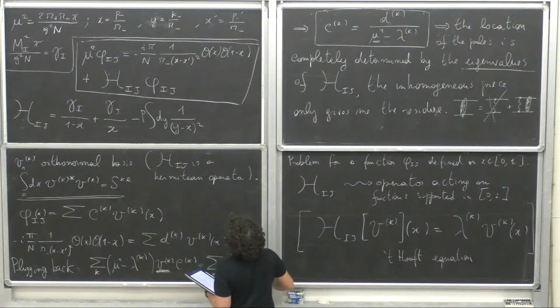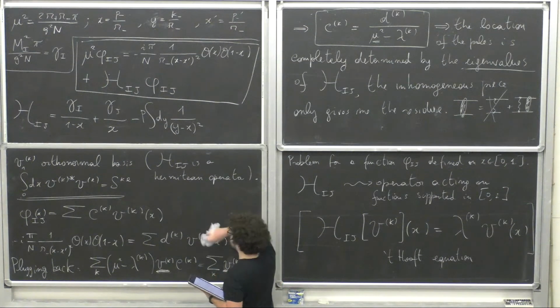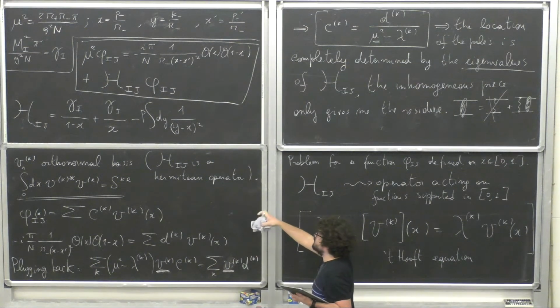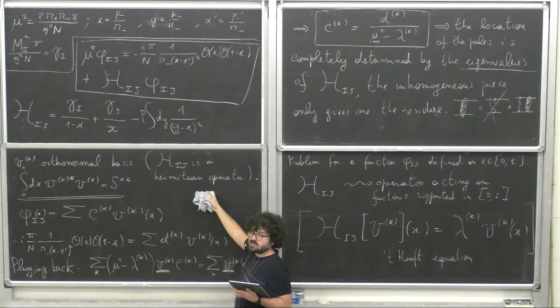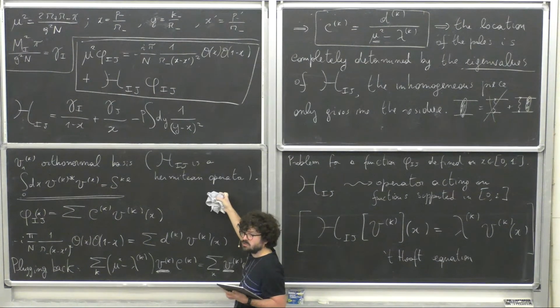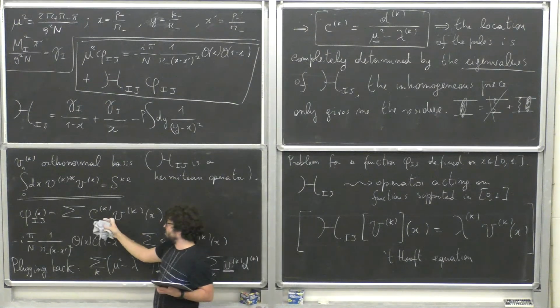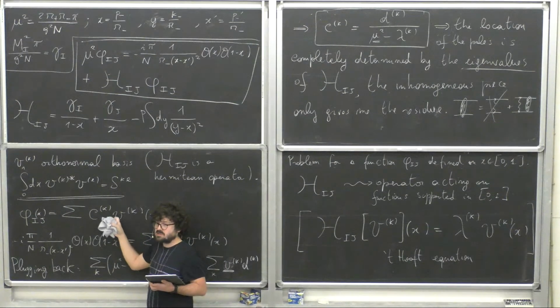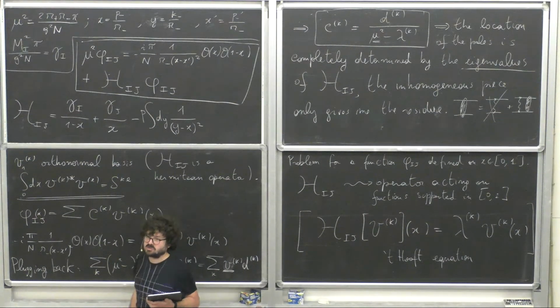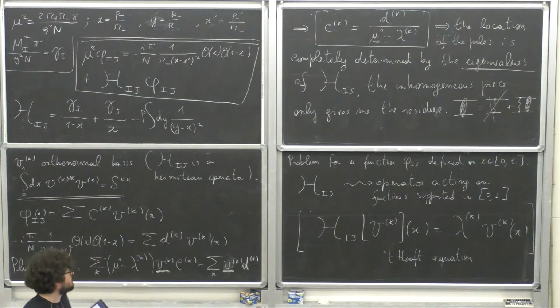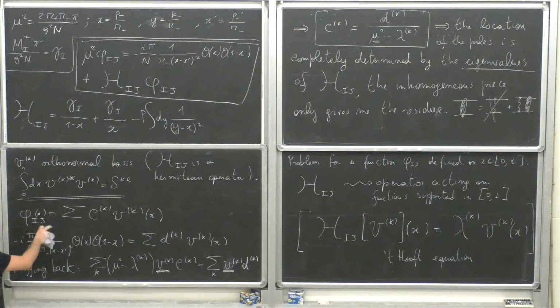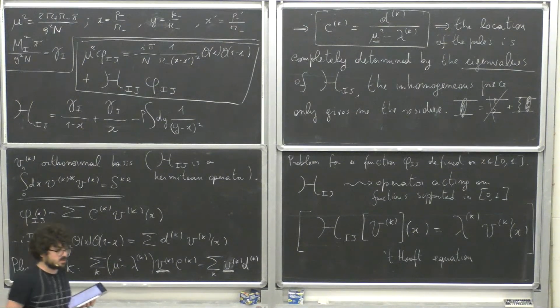So now let's try to make it a little more precise. You see, in these manipulations, I assumed that H could be defined as a Hermitian operator, and also that the spectrum is discrete, because I assumed that all these eigenfunctions are normalizable. So let's verify that this is indeed the case.